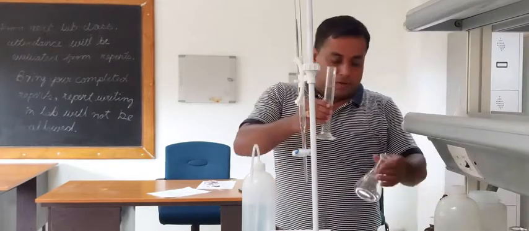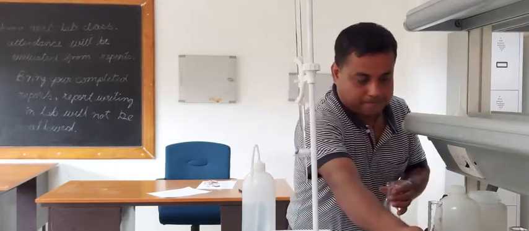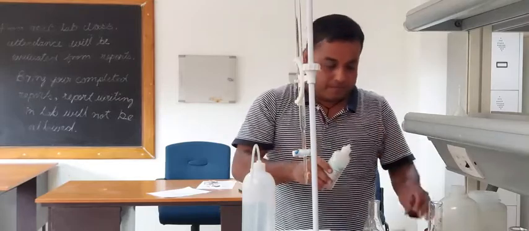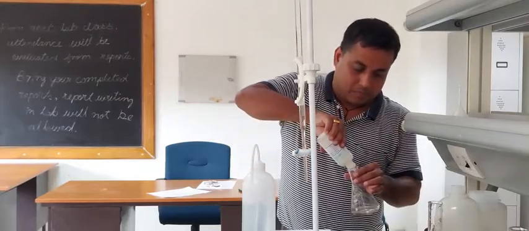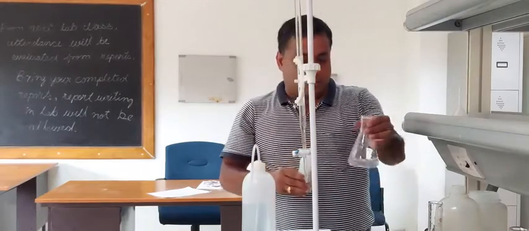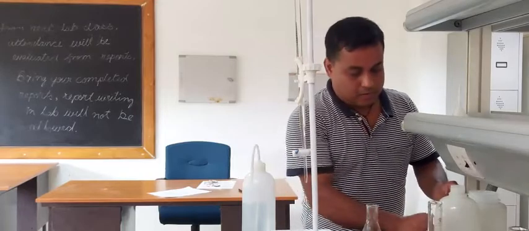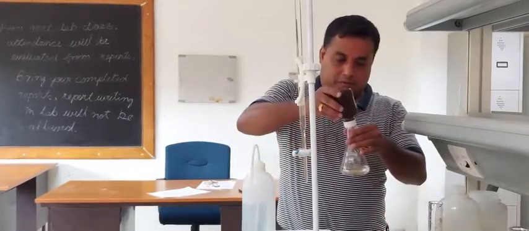This is 50 ml of tap water. As I am putting phenolphthalein indicator, there is no color. Again, I will directly put methyl orange.